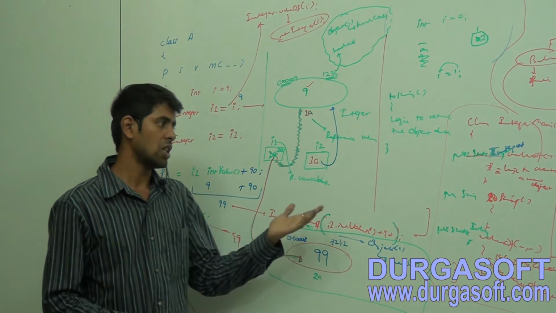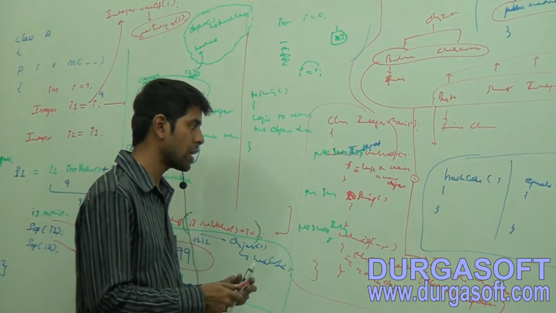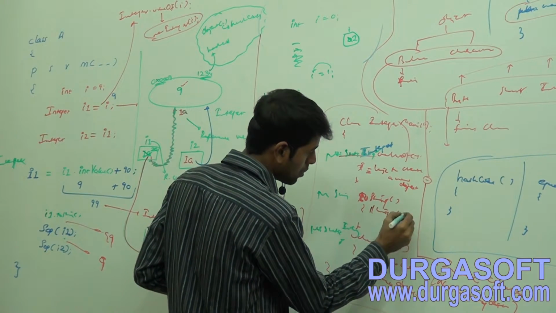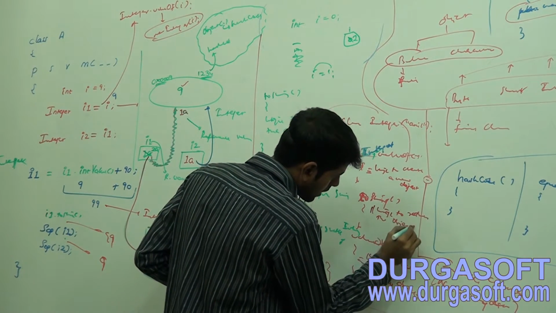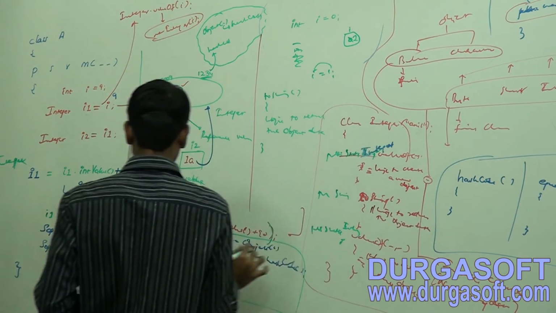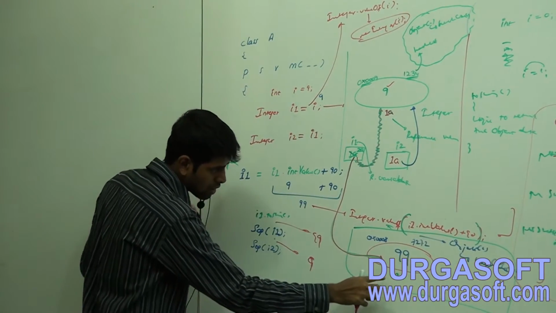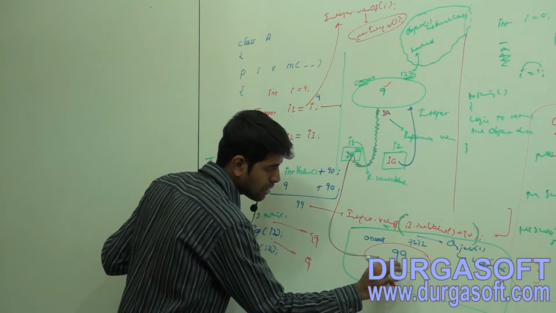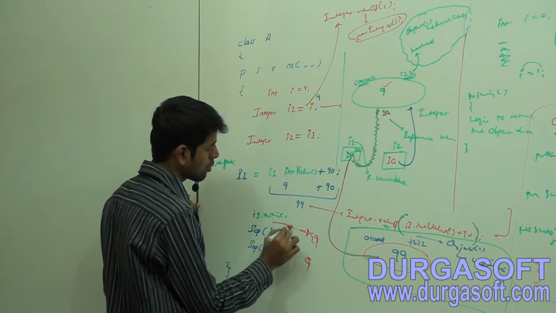Now within this Integer class, toString method is overridden, and it has logic to return the object data. Now observe, what object is I1 referring to? This Integer object. What is the data here? 99. So 99 is the output.